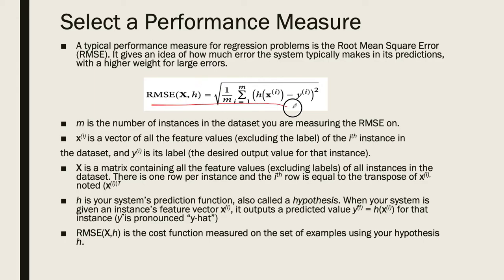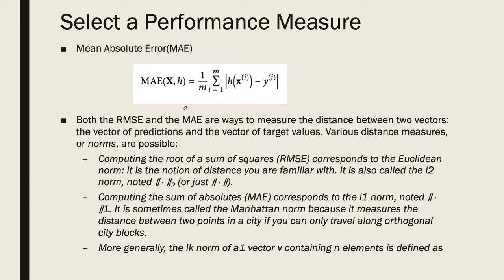So this is the mathematical representation of the metrics that we'll be using. We'll spend more time explaining these metrics, but for this particular video, I would just need you to appreciate that we have a measure of performance of the learning algorithm called RMSE, representing the root mean square error. And then we also have the mean absolute error.